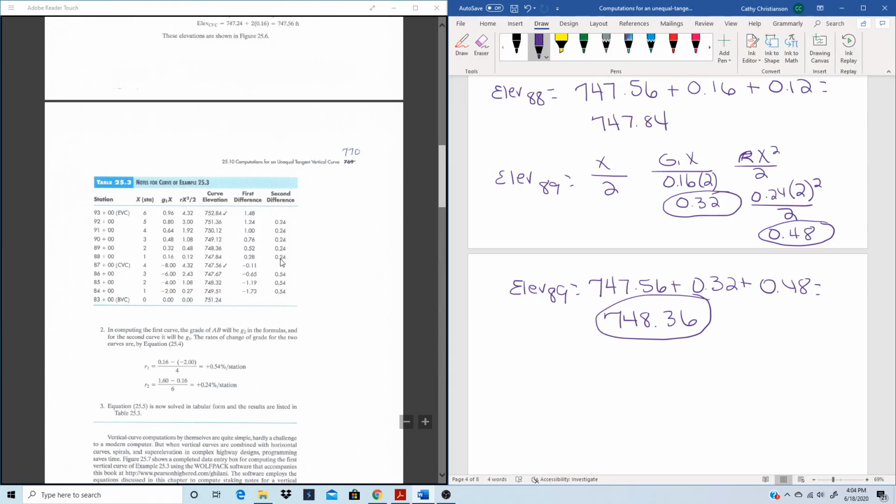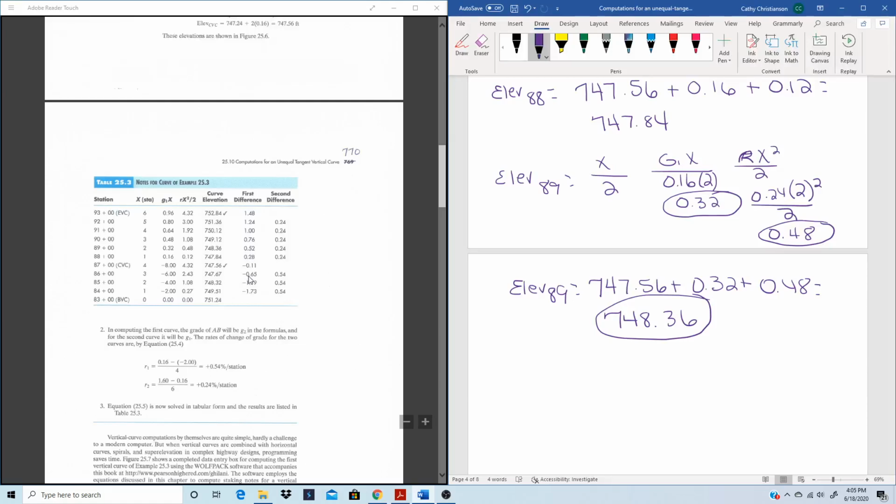They lined theirs up a little different. I kind of just did them off to the side, but this probably is a better way of keeping it. And then they started with the difference between these two, and there's where they got the negative 0.11. And then they did the difference between the 747.67 and the 748.82, and they put that right here.